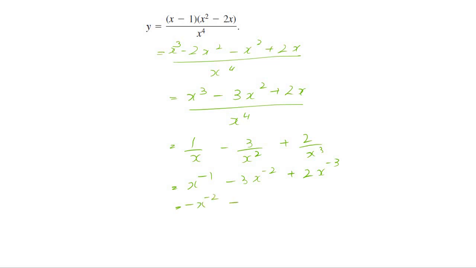Here we multiply minus 2 by 3, which is plus 6, and x to the power, we subtract 1 from the power, so we get minus 3. Because 3 times 2 is 6, x to the power minus 4. So in other words, we get minus 1 over x squared plus 6 over x cubed minus 6 over x to the power 4.